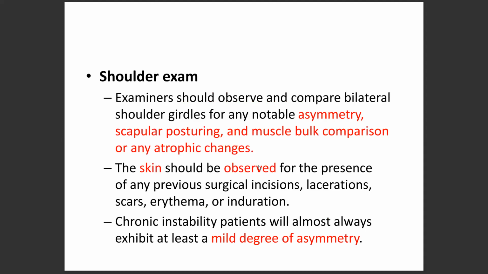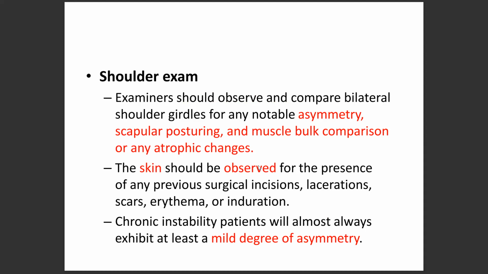In the shoulder exam, examiners should observe and compare the bilateral shoulder girdle for any notable asymmetry. This asymmetry should be checked on both sides. It should be checked at the top of the shoulder. It should be checked at the inferior angle, that is, the distance between the spine, the medial border of the spine, or the distance between the spinous process and the inferior angle of the scapula.